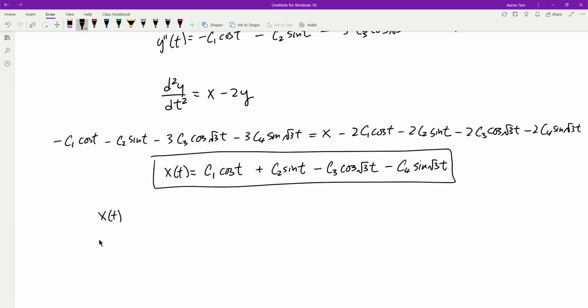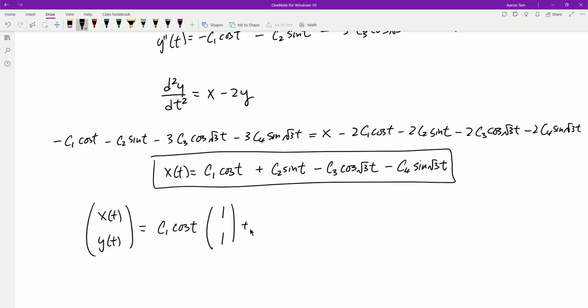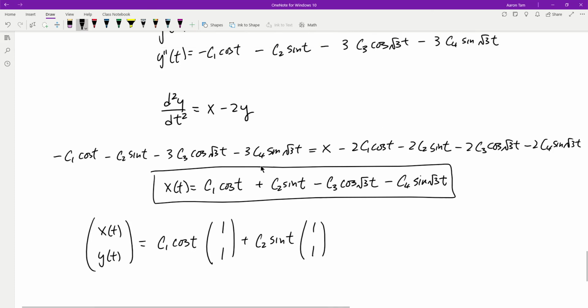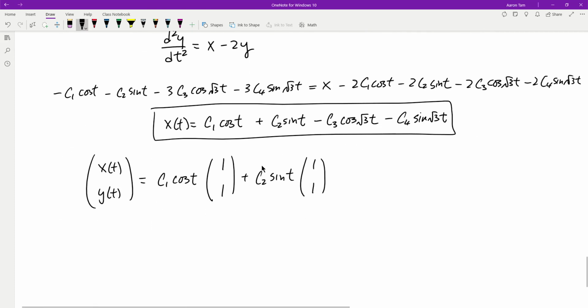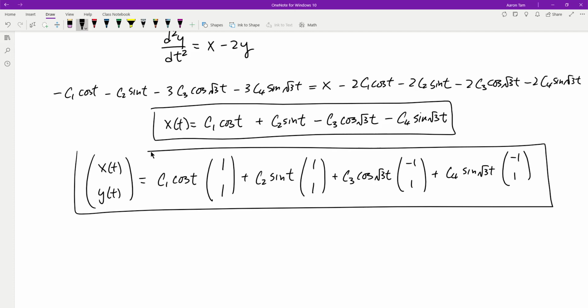If I write them as x of t, y of t, then that would equal c1 cosine t multiplied by 1 plus c2 sine t multiplied by 1, and then looks like x and y are both negative in this case, so therefore plus c3 cosine radical 3t times negative 1 plus c4 sine radical 3t multiplied by negative 1 also. So that comes out to be our solution.